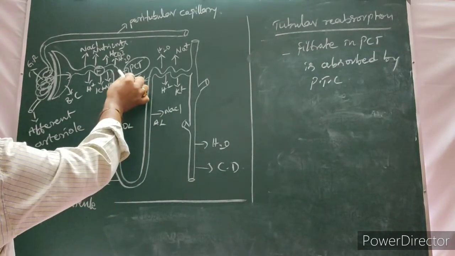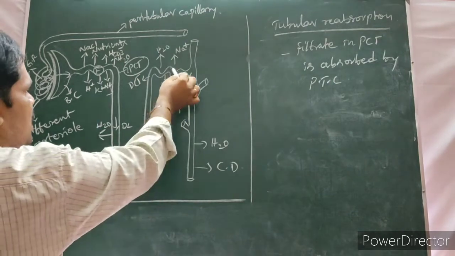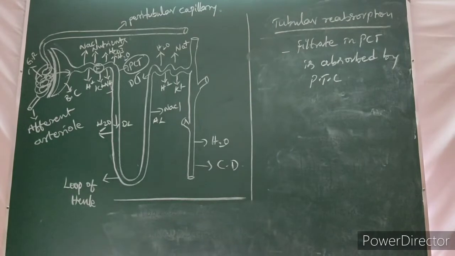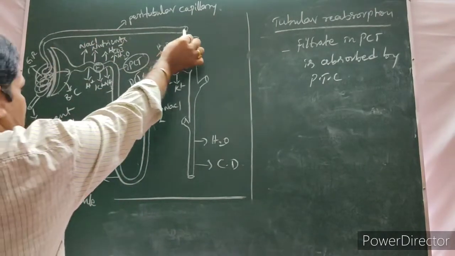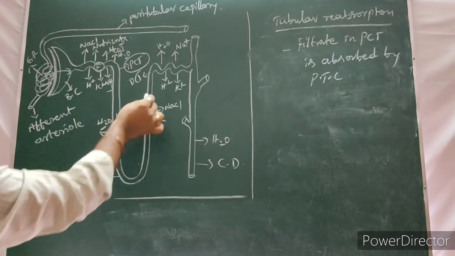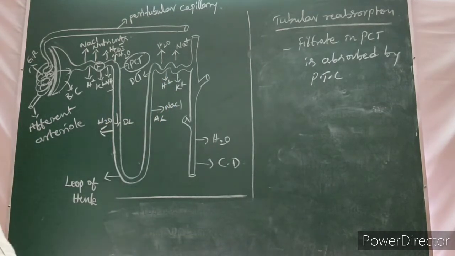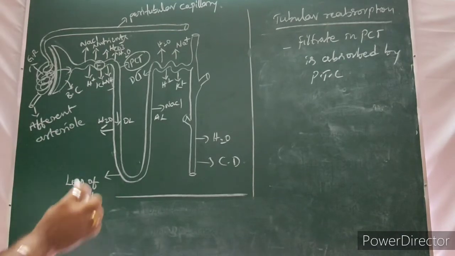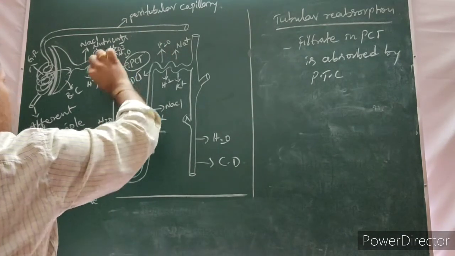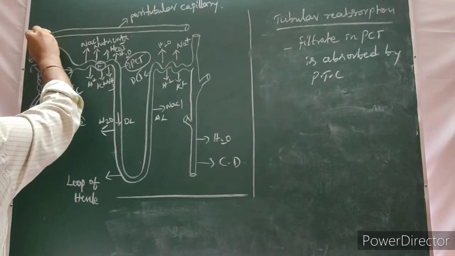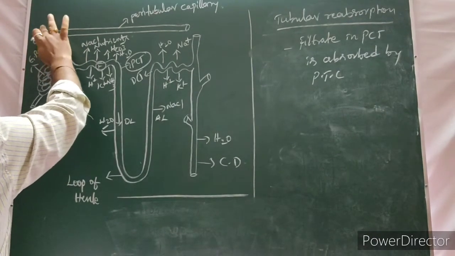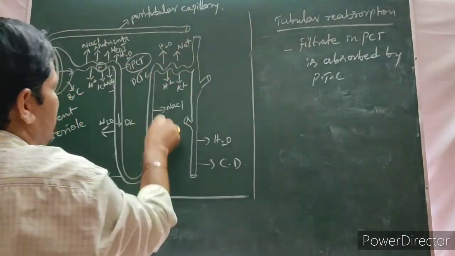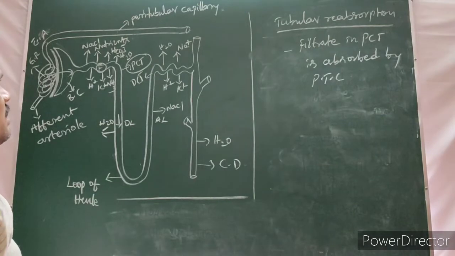That means it surrounds the PCT, Henle's loop and distal convoluted tubule. But just for our understanding purpose only, I am drawing here very clearly. If you are winding it, a little bit of confusion is created. That's why I am separately drawing here. Please understand, students, it is the peritubular capillary. How is it formed? The efferent arteriole is subdivided and forms a capillary which winds around the whole renal tubule.